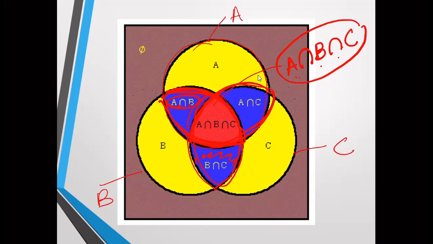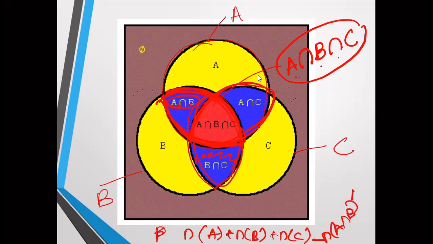Understand? Right. Now, if we want to find A union B union C, we need to add, if we are writing the same formula in terms of number of elements, NA plus NB plus NC minus N of A intersection B, minus N of A intersection C, this region, minus N of B intersection C, right?